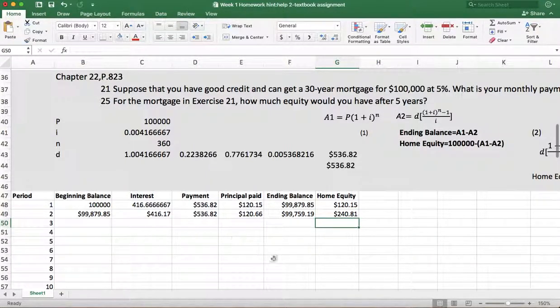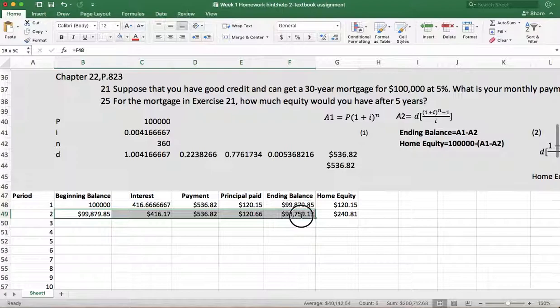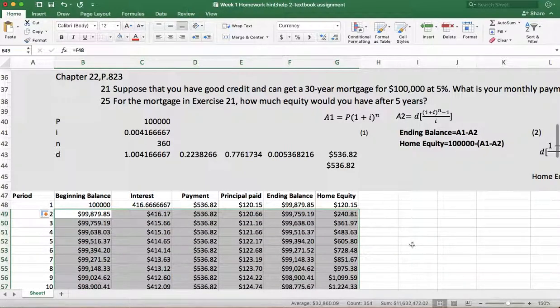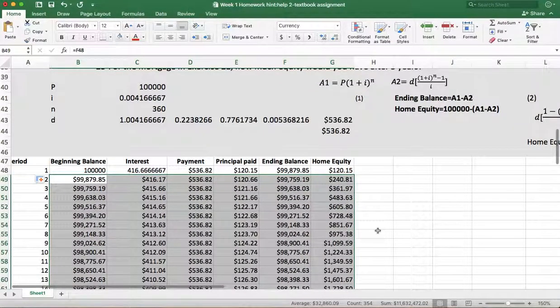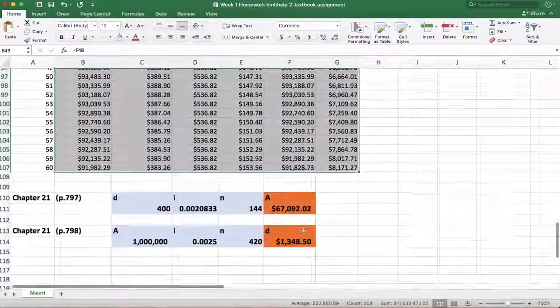So after adjustment, we just choose this row and double click. You can drag down, but we just double click. So Excel automatically fills the leftover cells for us.